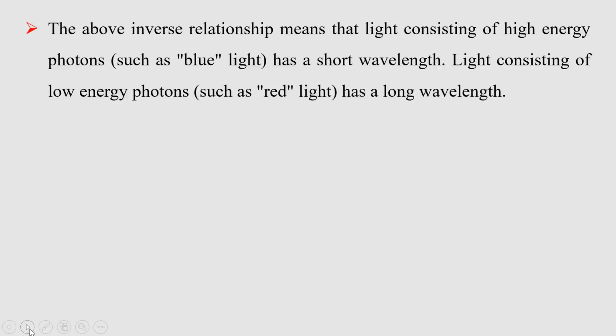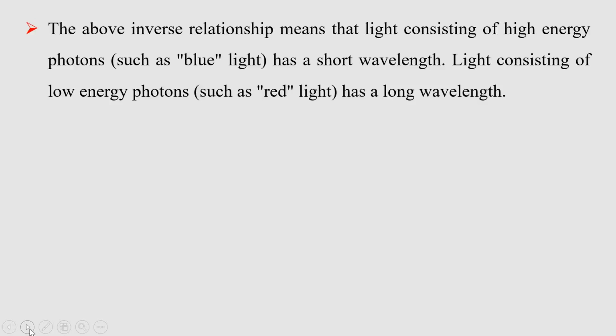The above inverse relationship means that light consisting of high energy photons such as blue light has a short wavelength. Light consisting of low energy photons such as red light has a long wavelength. Means energy and wavelength are inversely proportional.